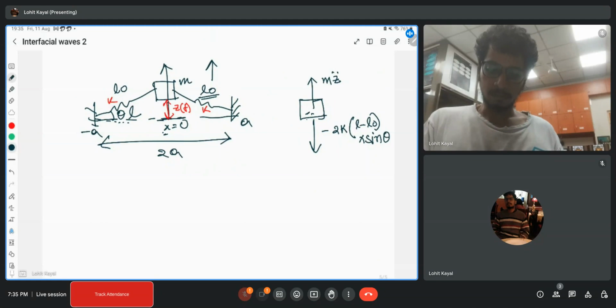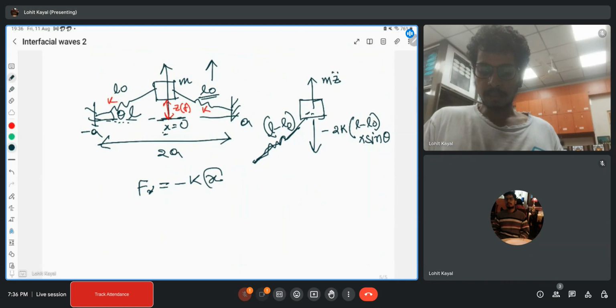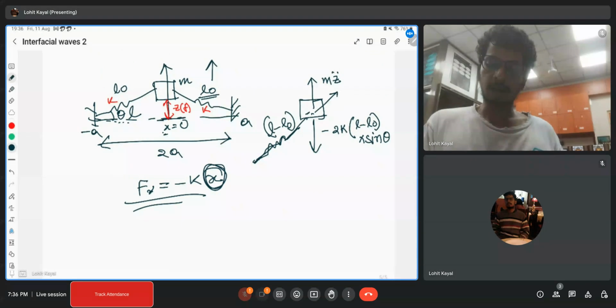Suppose you have a spring, so here the increase in length is L minus L naught, and from Hooke's law, F equals minus k into x. Here x is your change from the equilibrium position. Now it is changed along this direction, which is not the vertical direction, so you need to project it to the vertical direction. That's why the sine theta.